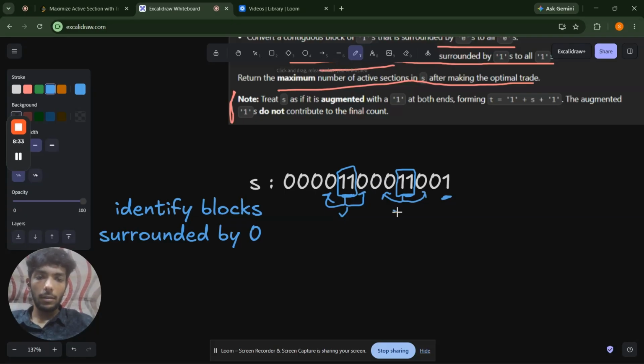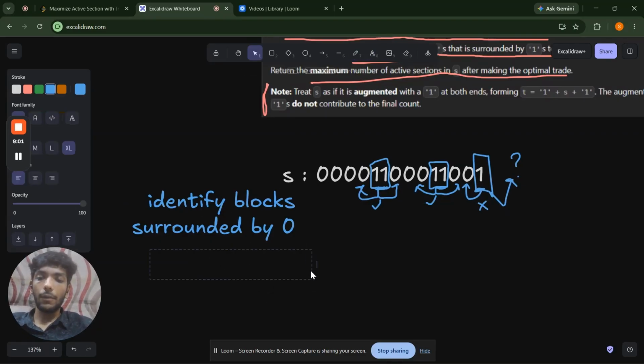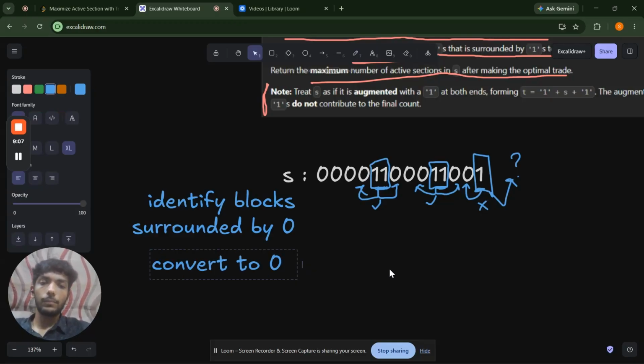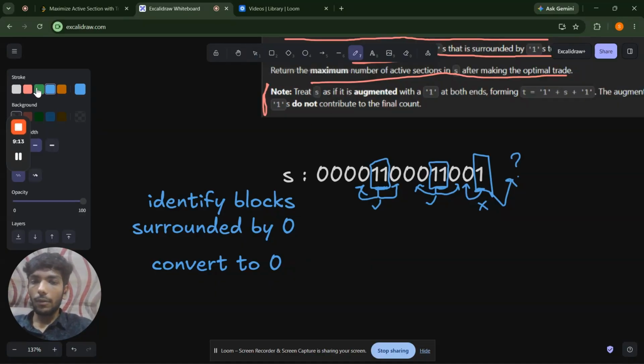So this can be considered. But for this block of ones, there is one zero on its left, but there is no zero on its right. So we cannot consider this for any further steps. Okay, we have identified blocks surrounded by zeros, and the final step of the first step is to convert to 0. Let's do it for each one.